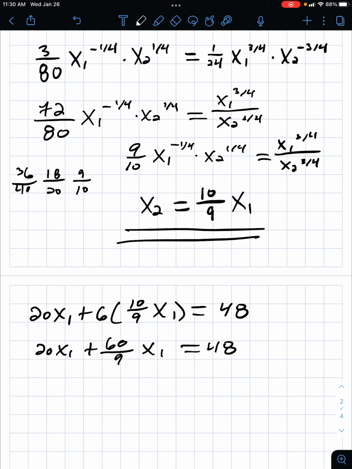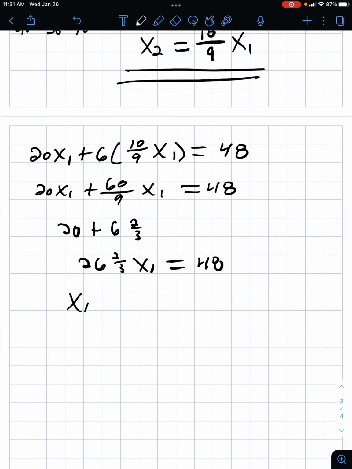And we'll get 20, let's see, this is 6, and that's 54, 6 over 9, so that's 2/3. 2/3 plus 20, so that gives us 26 and 2/3 x1 is going to be equal to 48.